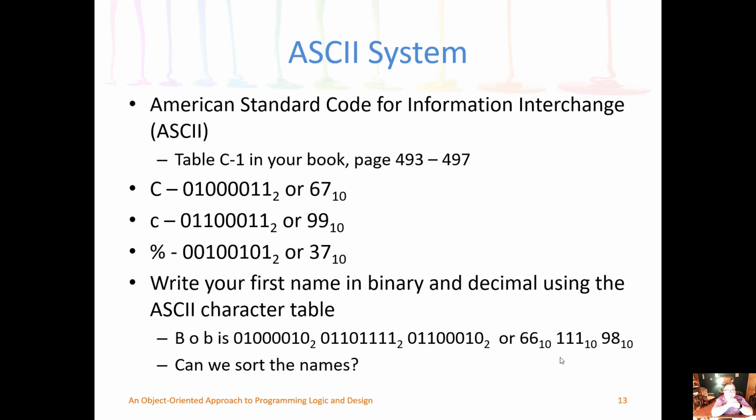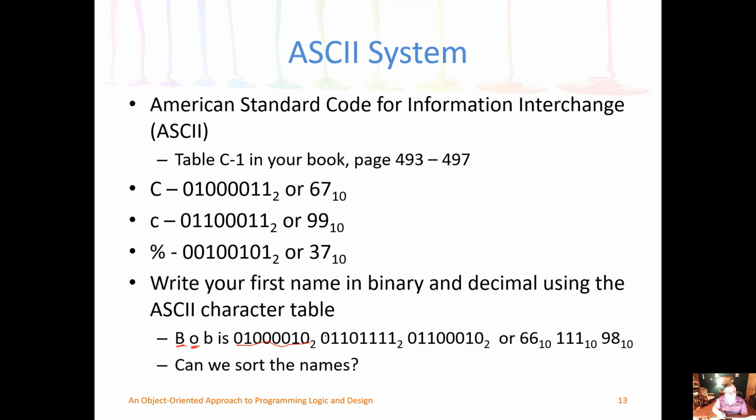One of the parts of your homework is to write your first name in binary and decimal, and it also says octal and hex, and we'll get to that later. My first name is Bob, capital B-O-B. Capital B, if you look it up, is 01000010 in binary.